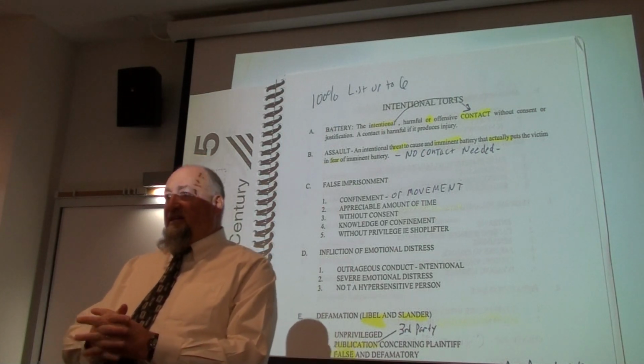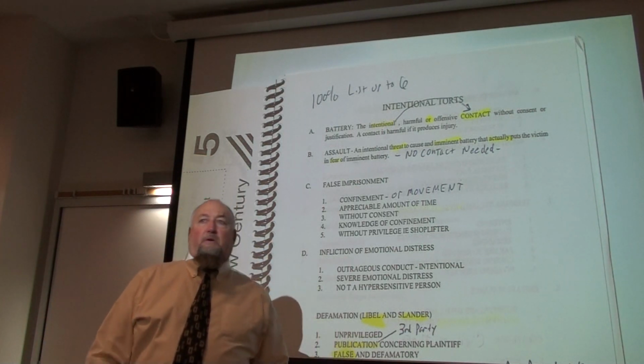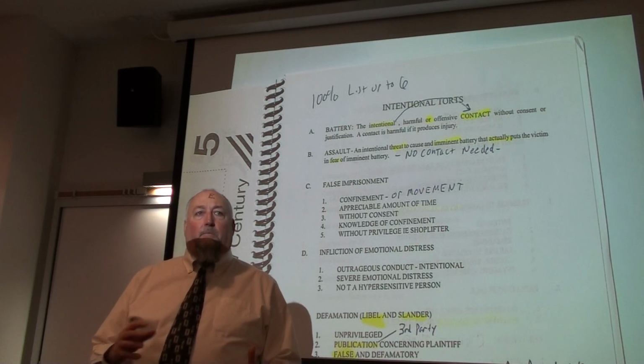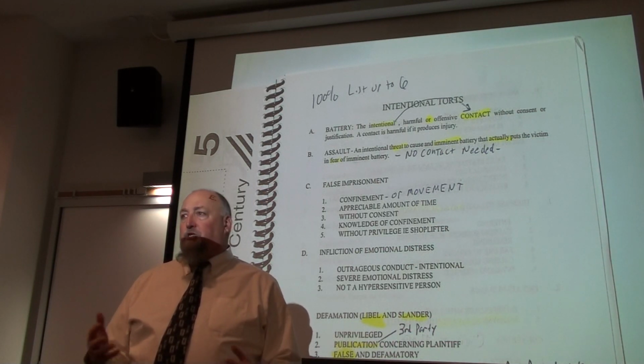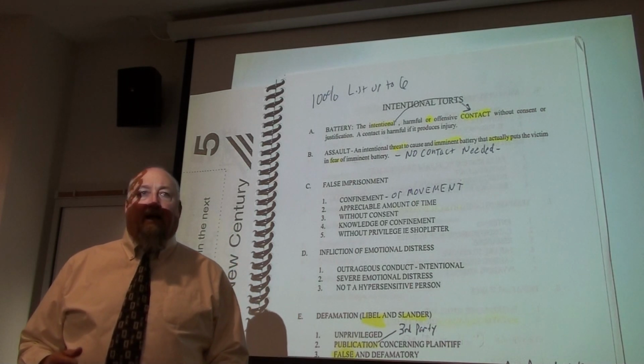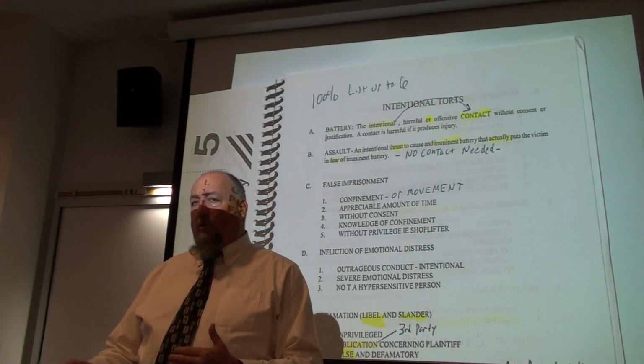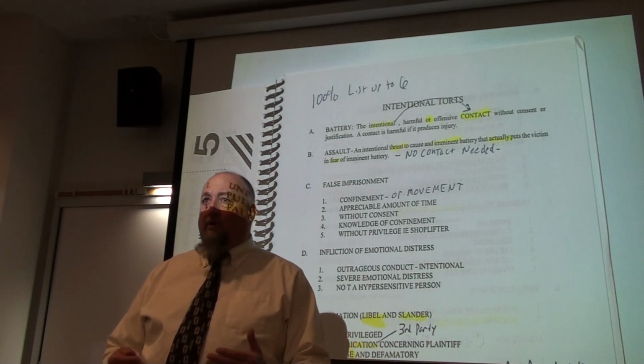I want you to be able to list out up to 6 of these, so anything on this page and on the next page. Also, I want you to be able to tell me which torts may apply to a fact pattern that I will give you. And again, it may be more than one tort. There may be multiple torts involved.